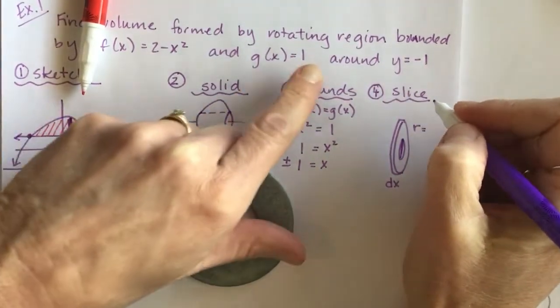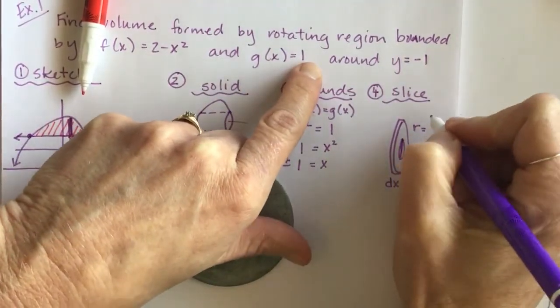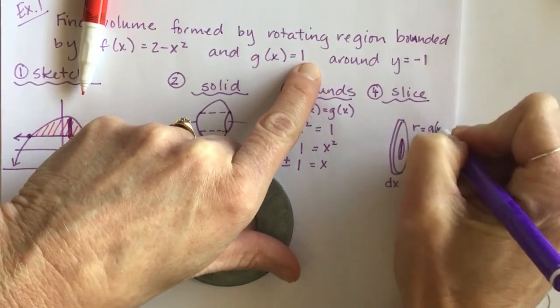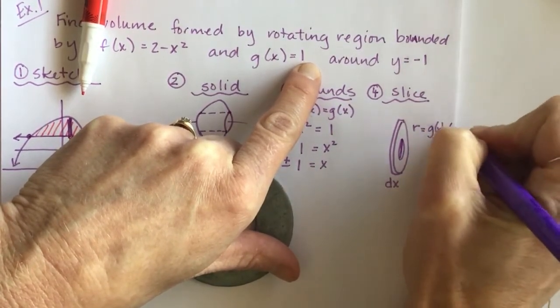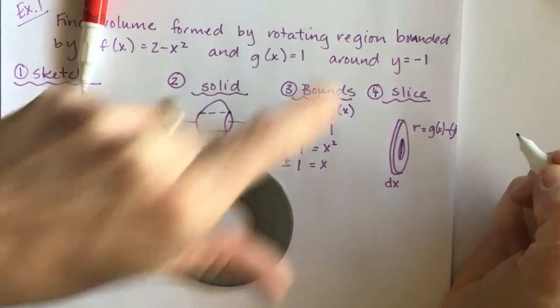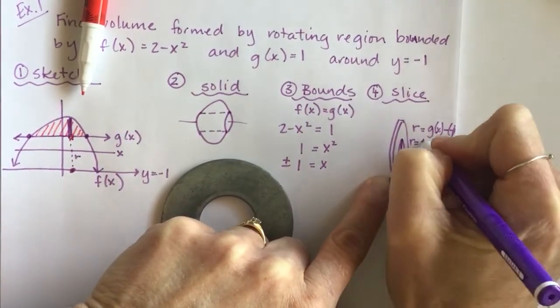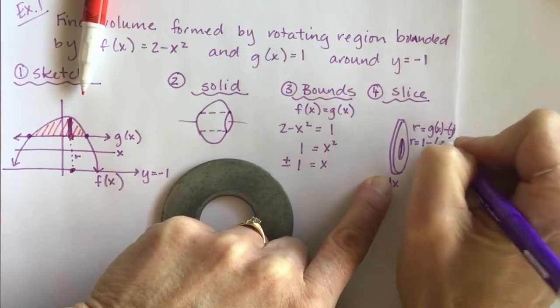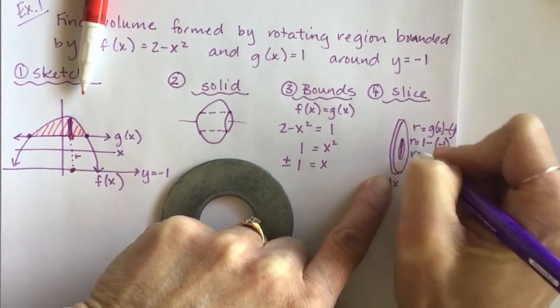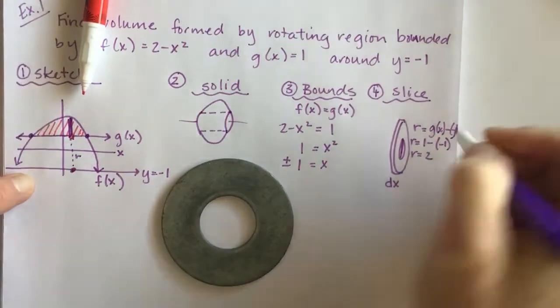So we've got g of x is 1, g of x minus a -1, and I'm off the paper, sorry about that. So r is equal to 1 minus a -1, and you guys can see r is equal to 2. And that makes sense, right?